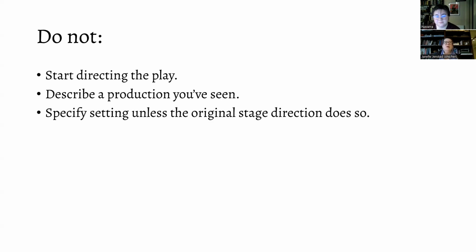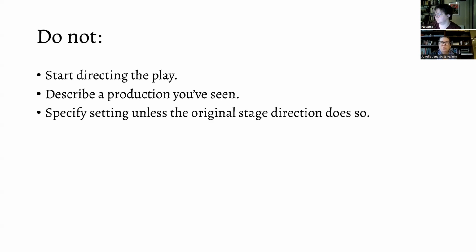And do not specify setting unless the original stage direction does so. It was the case that additions were indicating in a note on a scene where the action was taking place. On that bare, unlocalized stage on which so many early modern plays were performed, except for masques, it really didn't matter in a lot of cases where the action was taking place.